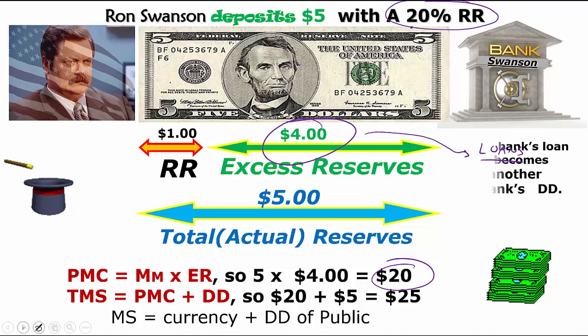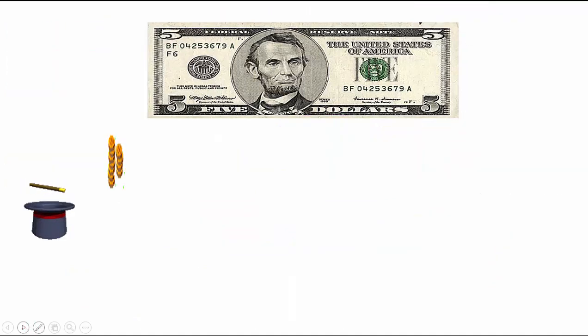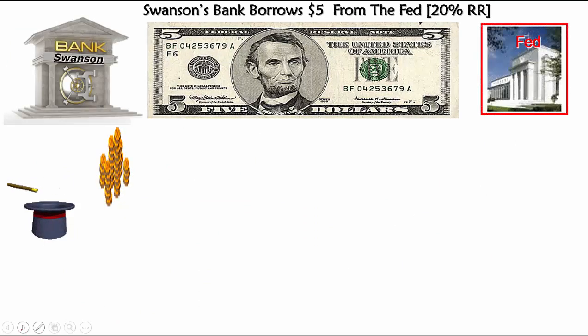Now, I do want to go over one more thing so that we don't get confused, because later on we're going to see that banks get money from other sources. Banks don't just get their money from deposits. Sometimes they borrow money from the Fed, and that money is going to be treated differently. If Ron's bank gets money from the Fed, that is not a deposit, and reserve requirements only apply to deposits.